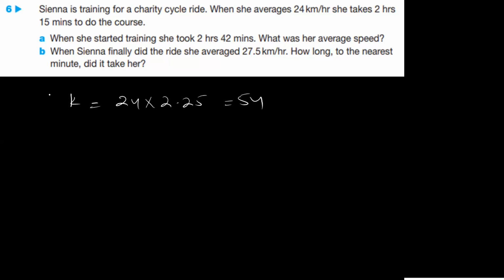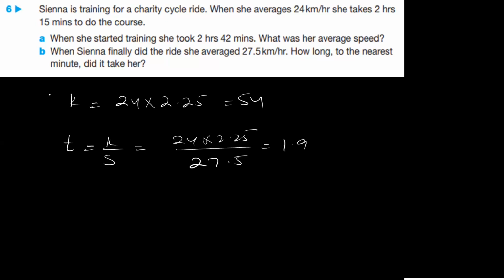Now we need to find time. This time equals K upon speed. That is, K is 24 times 2.25 divided by 27.5, which becomes equal to 1.96 hours.